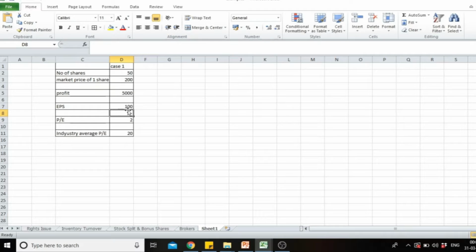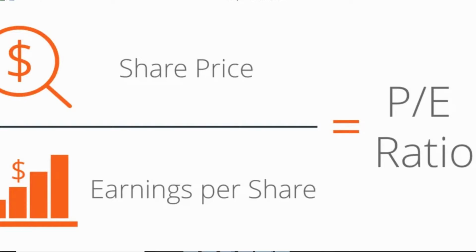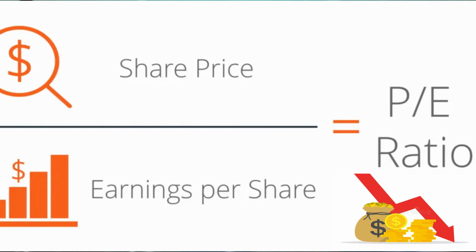Now, why would we say that this stock is undervalued? When will PE ratio be low? Either the stock price is low or the EPS is high. If the stock price is low and EPS is high, what does that mean? That means this company was probably not performing well earlier, because of which the stock price has gone down.